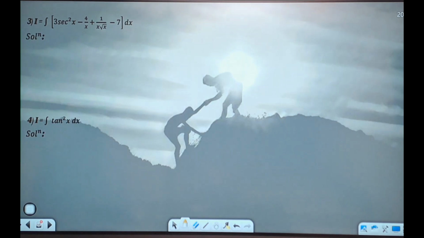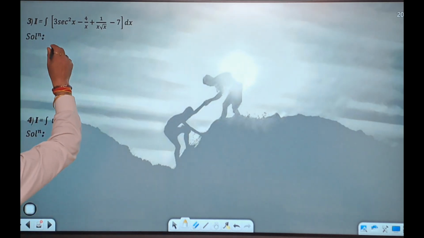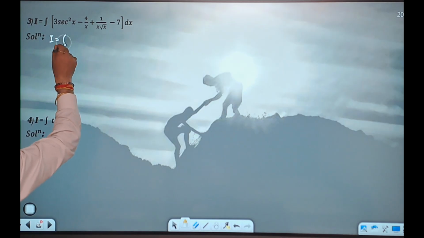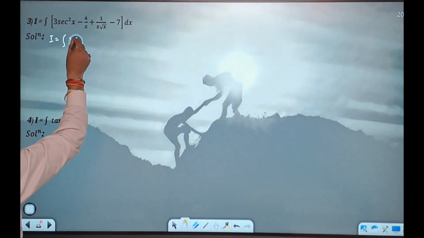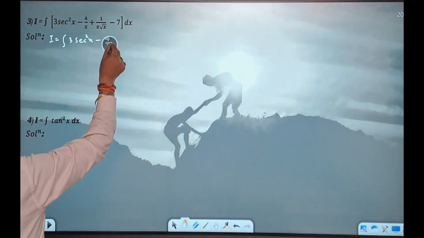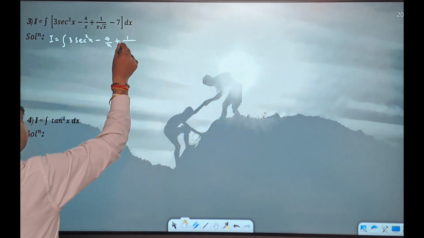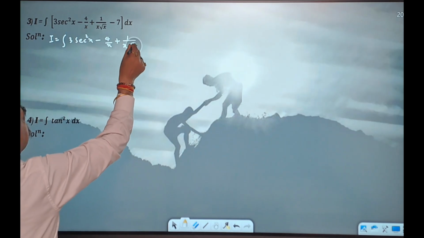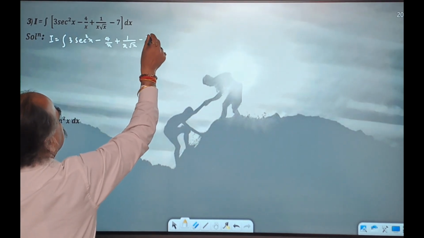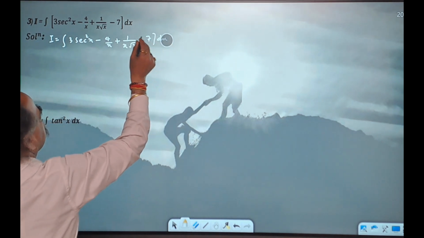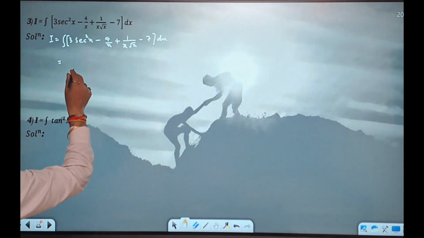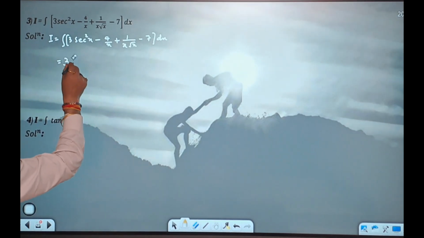Next is integral of 3 sec square x minus 4 upon x plus 1 upon x root x minus 7 dx. We'll separate it. The constant 3 will come outside.